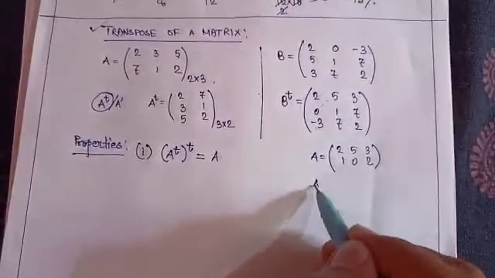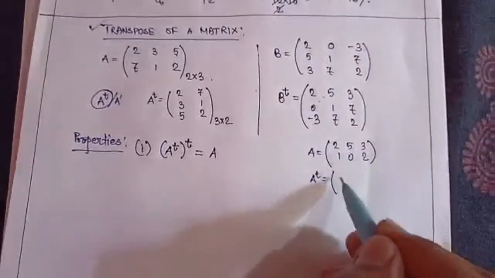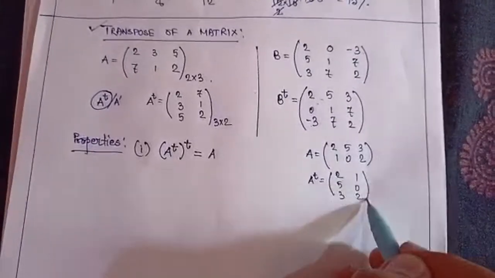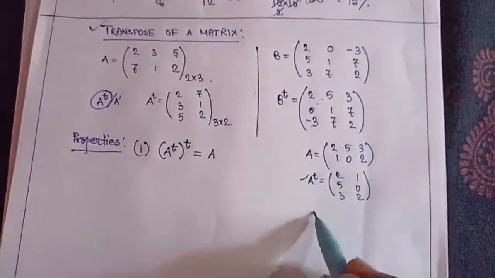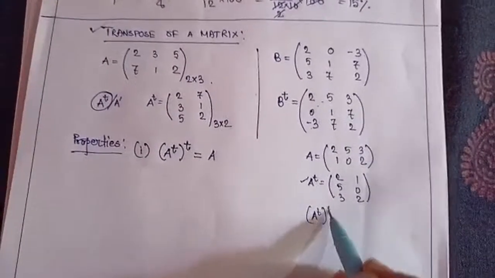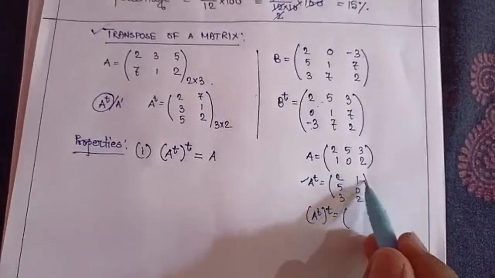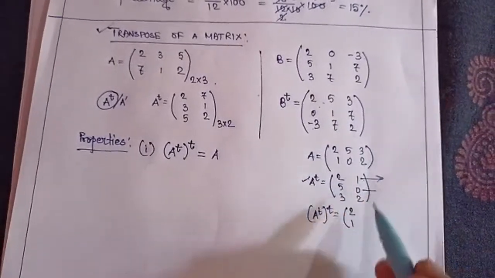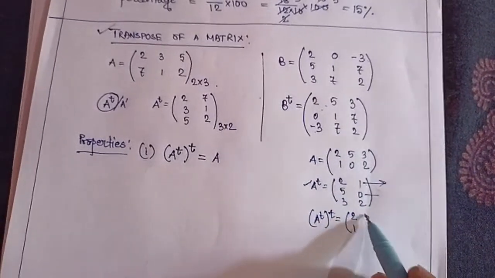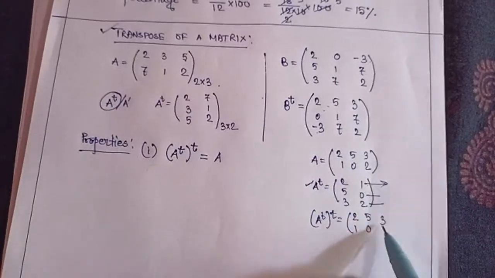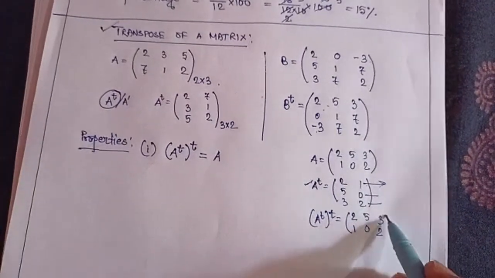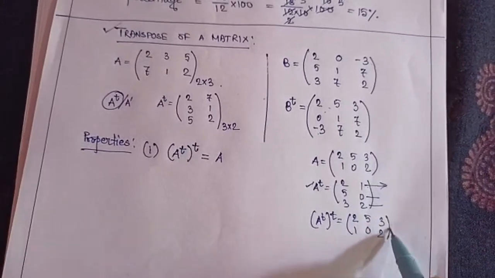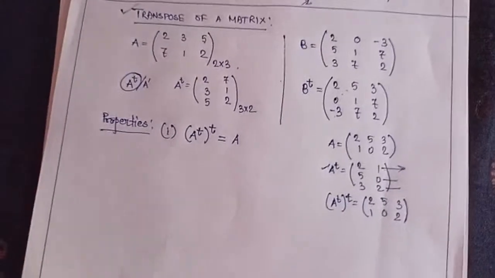If we take A transpose, then rows transform to columns, so 2 5 3 and 1 0 2 become columns. If we take the transpose again on this matrix, A transpose whole transpose, then what will happen? Again the rows transform: the first row transforms to the first column, then 2 1; the second row transforms to the second column, then 5 0; and this is 3 2. Class 12, it is there in class 12, but you can understand it.